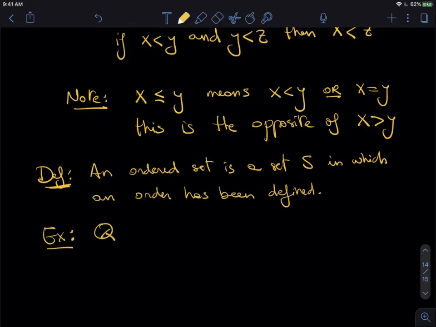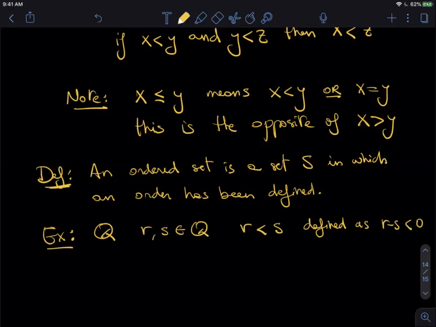In this case, let's say that we have two rational numbers, R and S. Then the order here would be that R is smaller than S if and only if R minus S is less than 0.